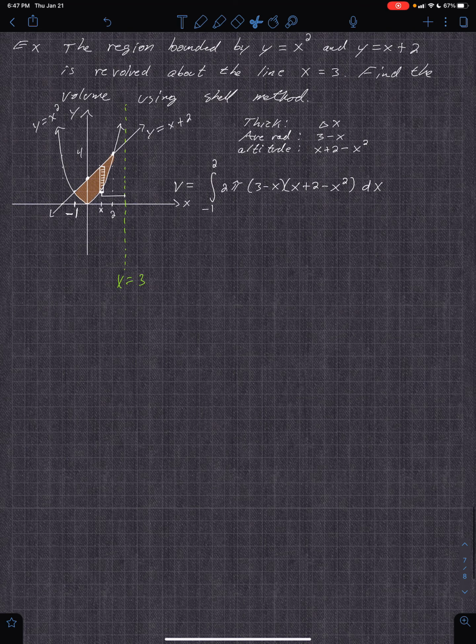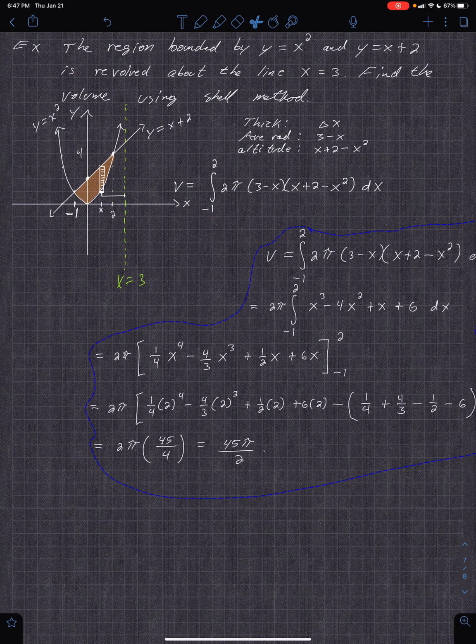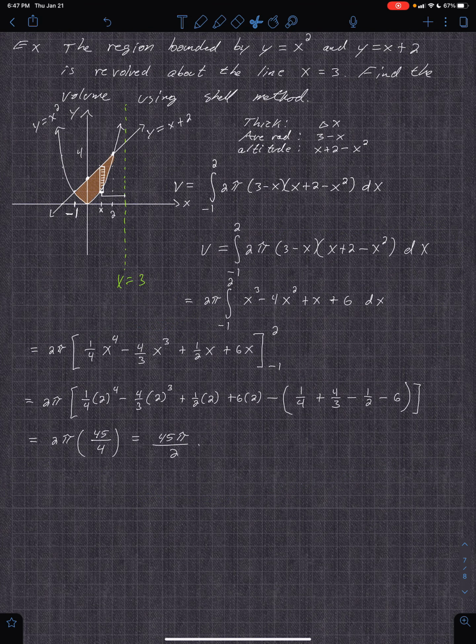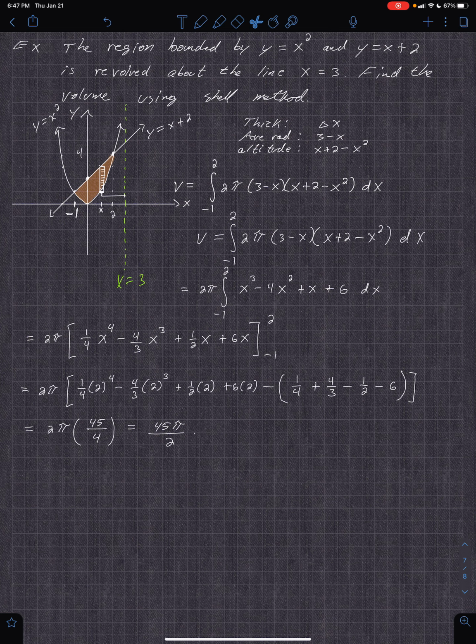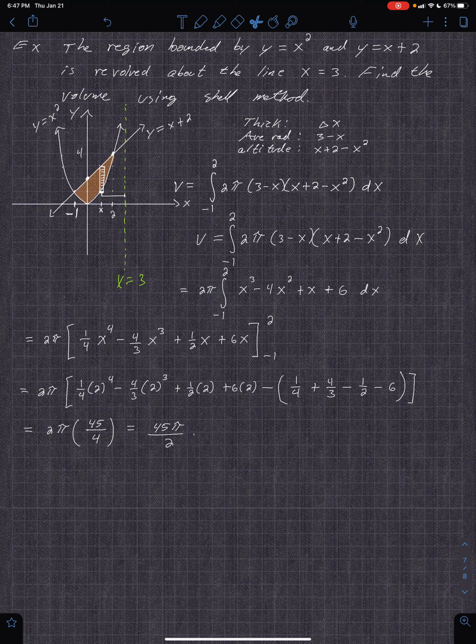And hopefully you got something like this. I did it earlier. So we worked it out, just multiplied it out, simplified, substituted, and then I verified it on Wolfram Alpha, just because I didn't want to have to do all this arithmetic.